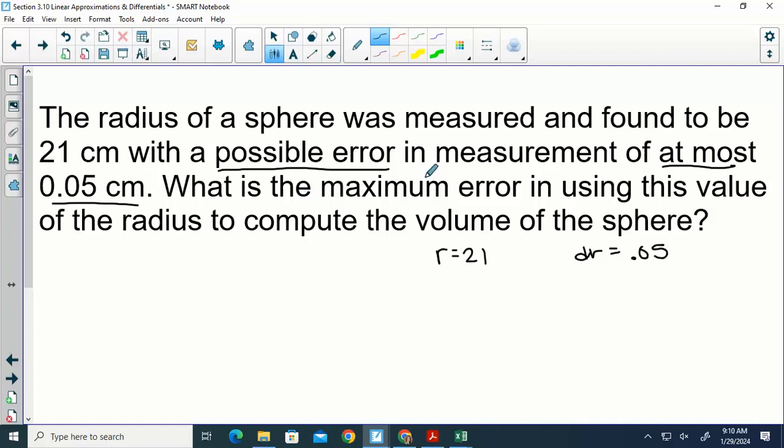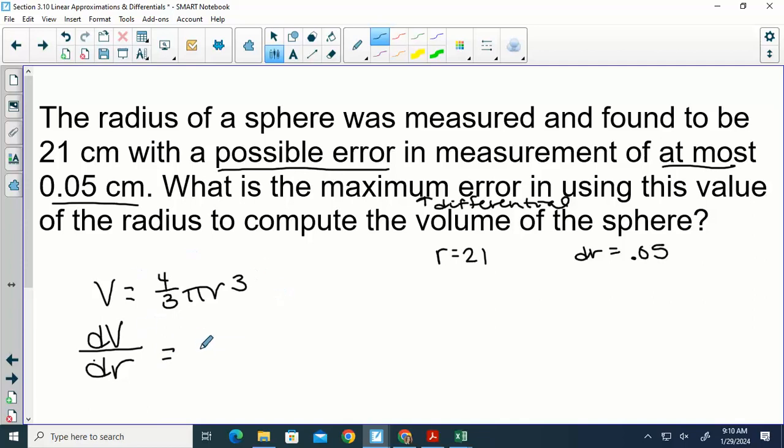So first we need an equation. We're finding volume. Do you guys remember what volume of a sphere is? So if I wanted the derivative, this is the derivative of volume, my variable is radius, so dV/dr.